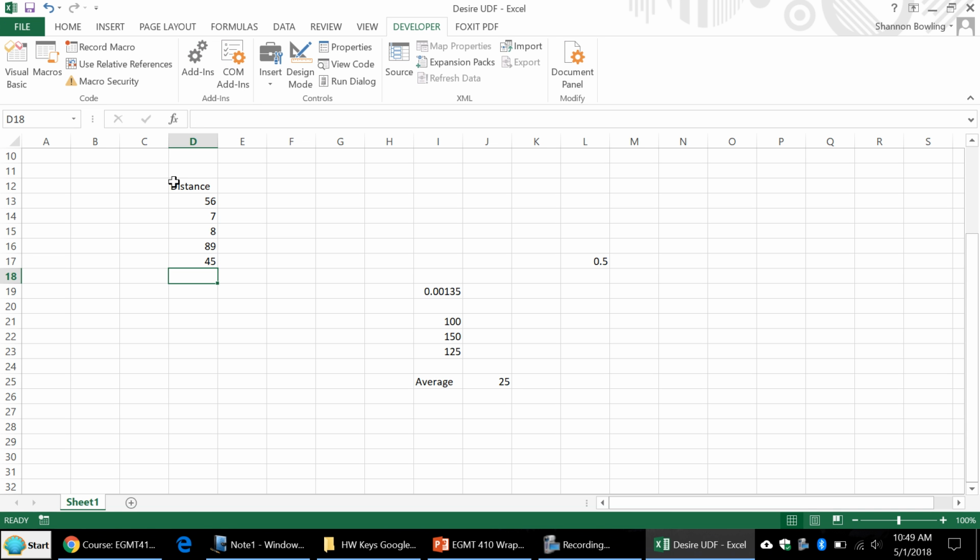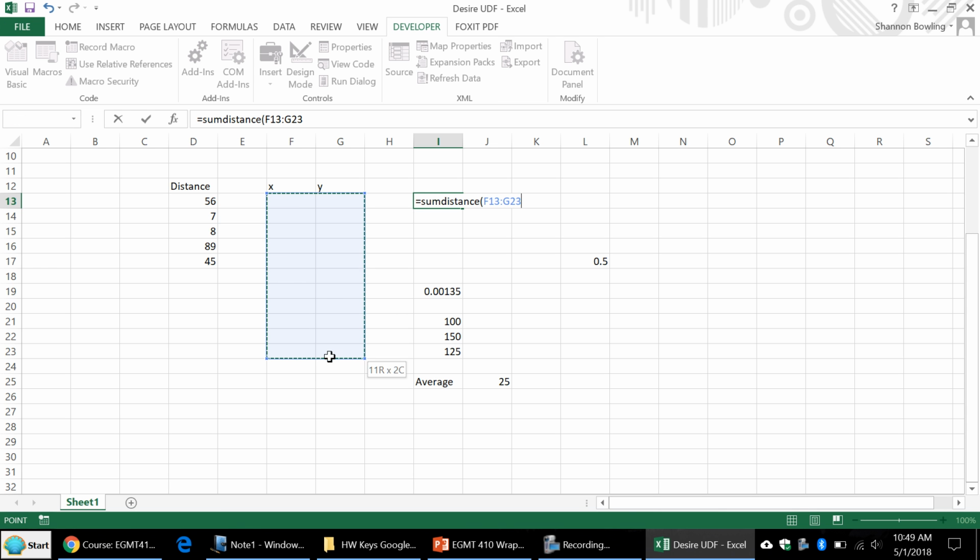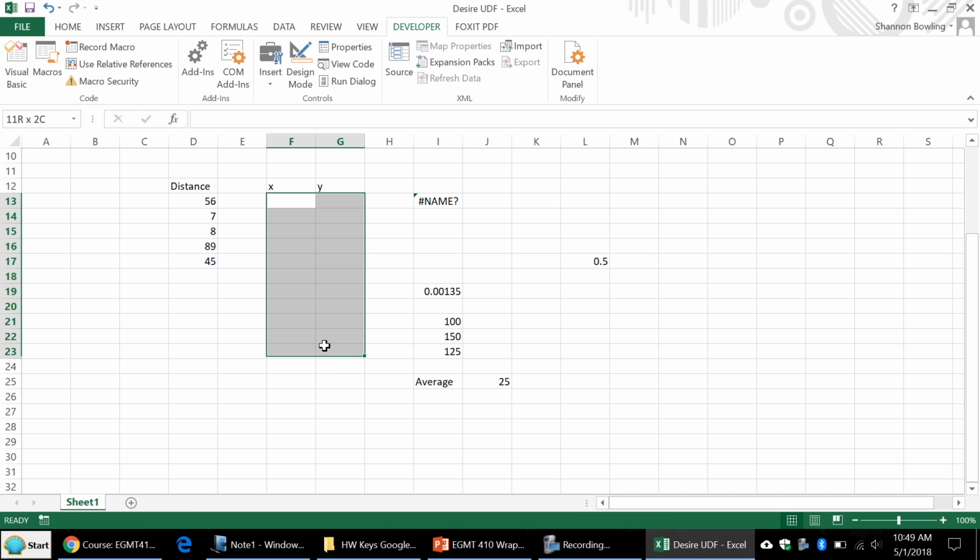You could have a sum distance function where all you would have to do is have some x, y values here. You type in, it doesn't exist, but you could type in some distance or whatever you wanted to call it, drag all of these values. It's not going to work because the function doesn't exist, and it would just sum up those distances for you.